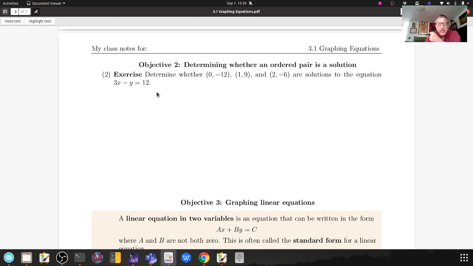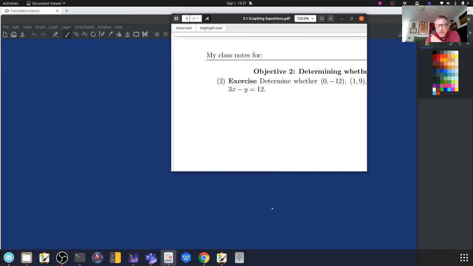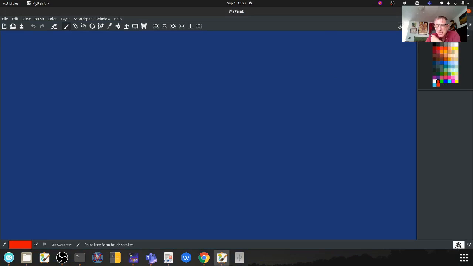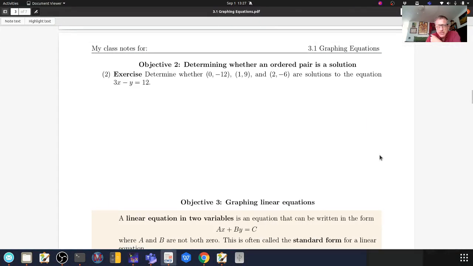You're going to be introduced to a linear equation in 2 variables, and right here it is. It's 3 times x minus y is equal to 12. So let's take a look at that.